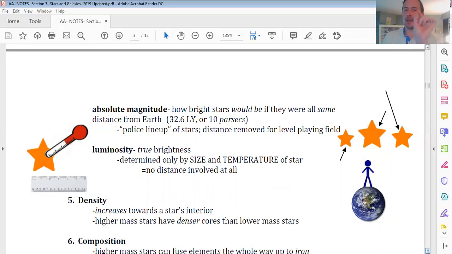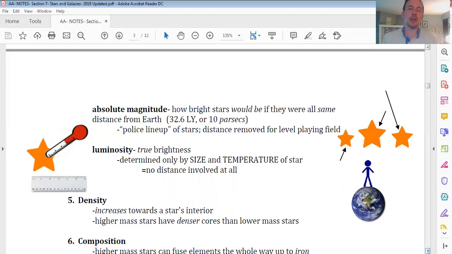And then if the witness can still pick out who actually did it, it strengthens their case. So much the same here with stars. This is basically a hypothetical. It's how bright stars would be if they were all moved to the same distance from the Earth.